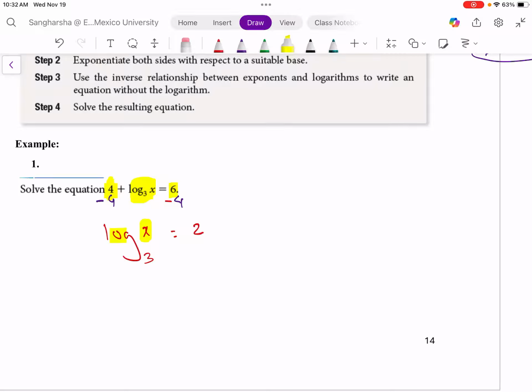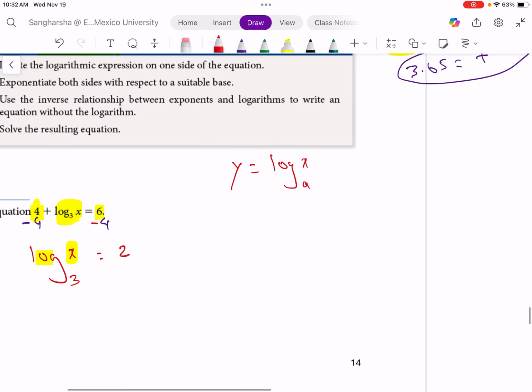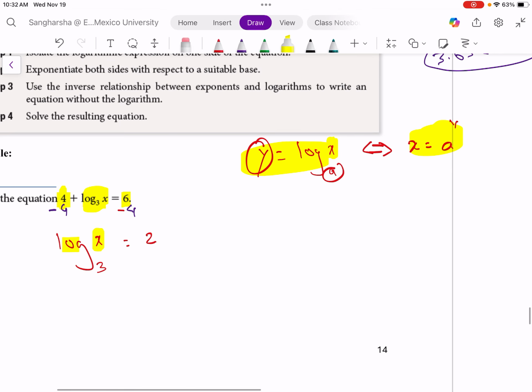In general, if we have y equals log of x to our base a, then we can rewrite this using our definition in exponential form: x equals a to the power y. So we can always rewrite a log expression as an exponential expression. So let's do that.